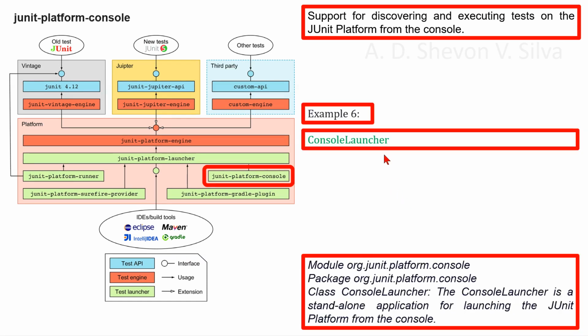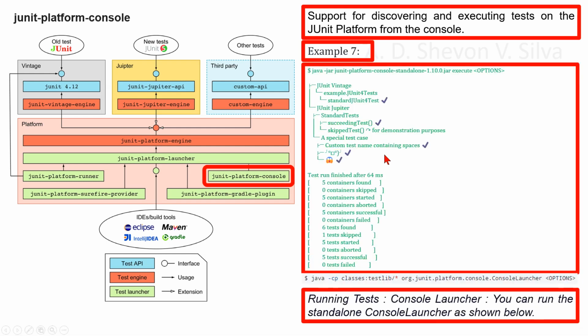Now we are considering the class ConsoleLauncher in package org.junit.platform.console in module org.junit.platform.console. The console launcher is a standalone application for launching the JUnit Platform from the console. Here we are considering the console launcher in running tests.